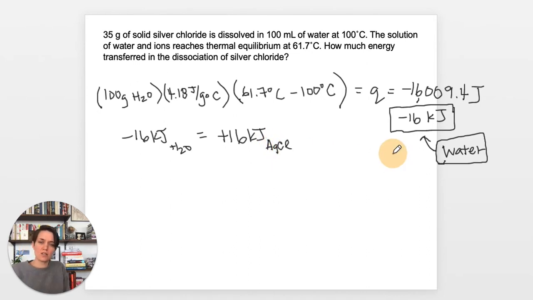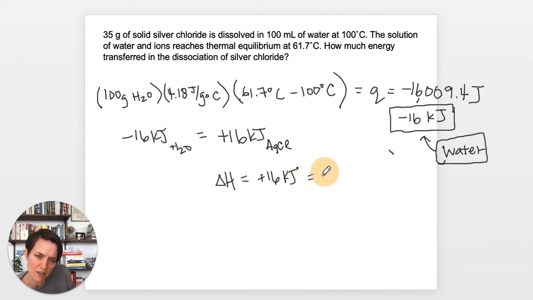So that dissociation of silver chloride required an input of 16 kilojoules of energy in order to separate those ions. Cool, so energy had to be taken from the water in order to push this dissociation forward, which would mean my delta H would be equal to positive 16 kilojoules, which means that this reaction is endothermic, right? Lost by the water, gained by the system.